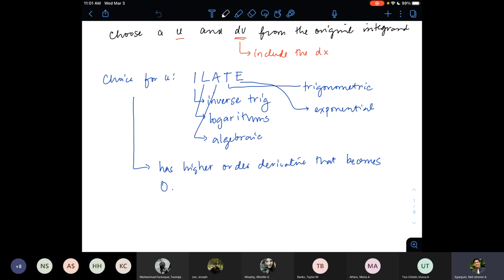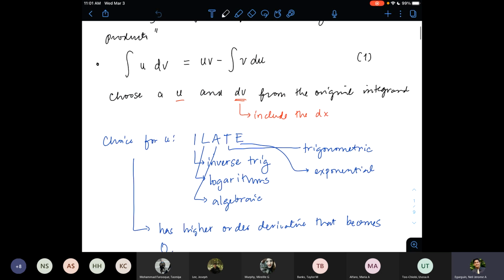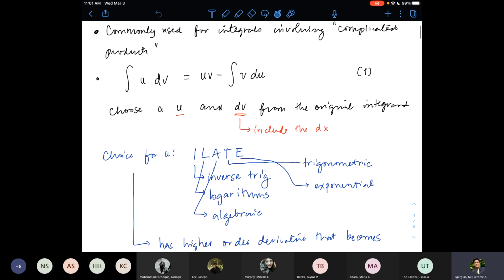For integration by parts, we said that it is particularly helpful if you are integrating a product, right? A product of the form u dv. And Formula 1 tells us how to do this. If you have the integral of u dv, you need to choose what factors in the integrand will go into the u, and what function will go to the dv.